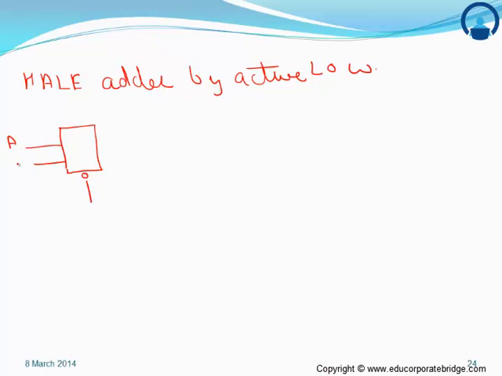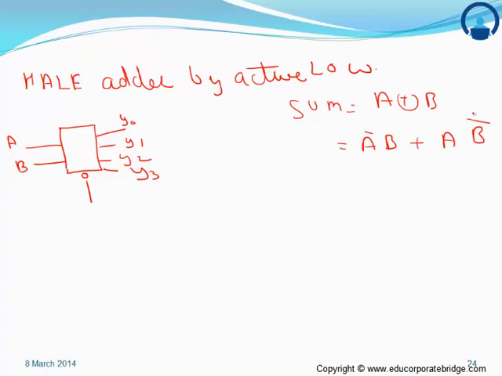This has two inputs A, B, and outputs Y0, Y1, Y2, Y3. The sum will be A XOR B, A bar B plus AB bar. That is, the sum will be Y1 plus Y2.